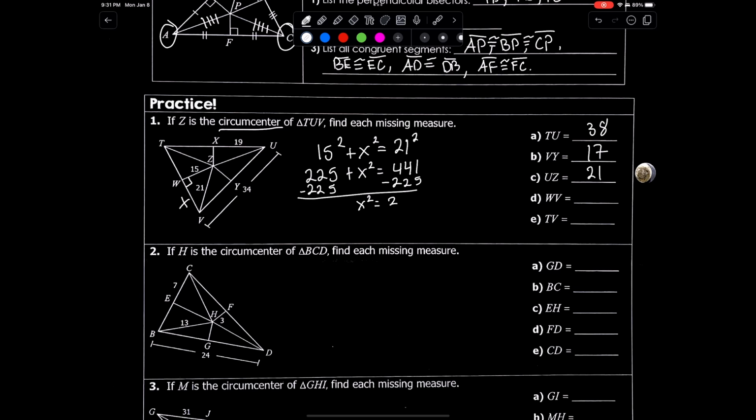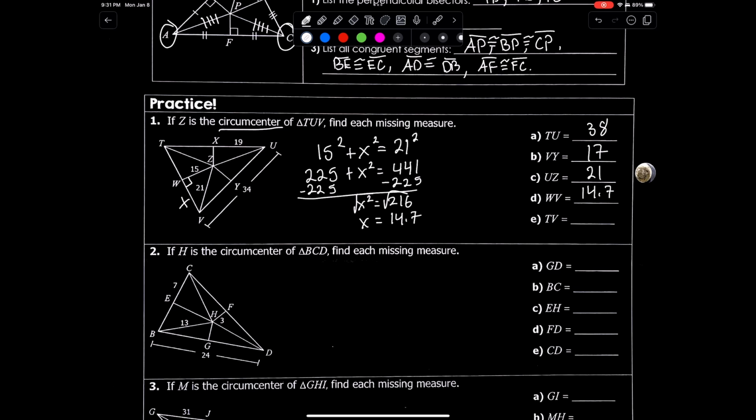You get about 216. And then you take the square root. Again, when you take the square root, you have to make sure that you are making your answer positive and negative. But we don't need to worry about negatives in this case because you can't have a negative distance. So take your square root. That means X is roughly 14.69. So that would be 14.7. So this length is 14.7.